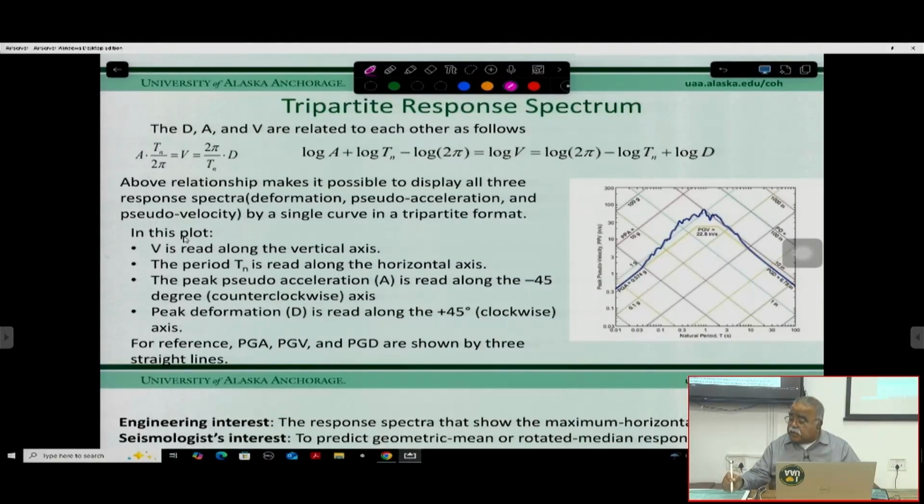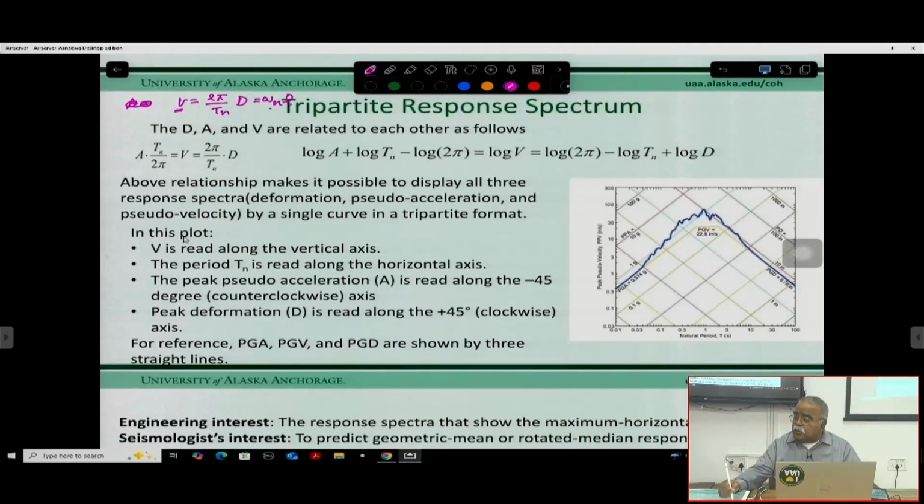If you can see it here, P equals 2 pi by Tn, or omega n into D, right? So this is your omega n into D. If you know the D value, you can just multiply with omega, and you will get the P value, or the velocity response spectrum, right? So if you know D, you can calculate V by multiplying it with omega.